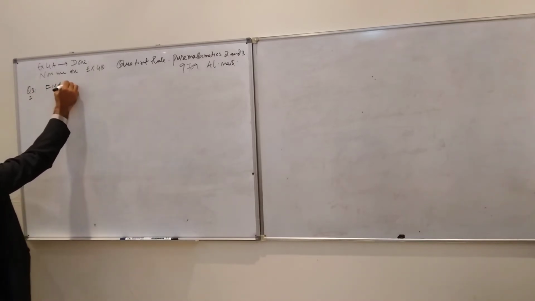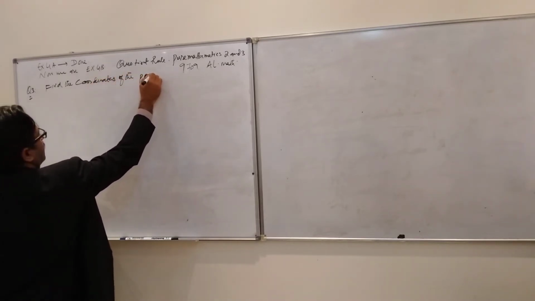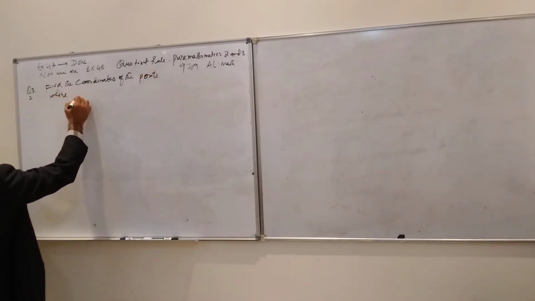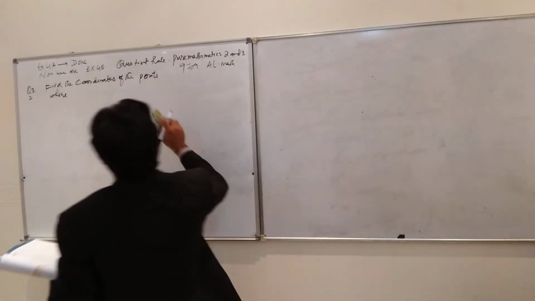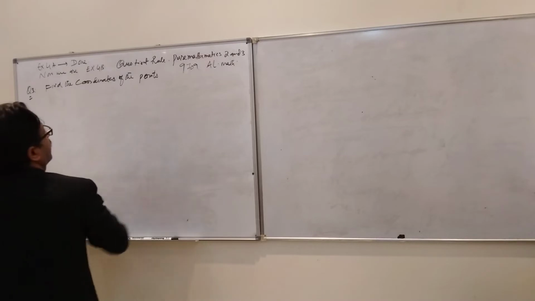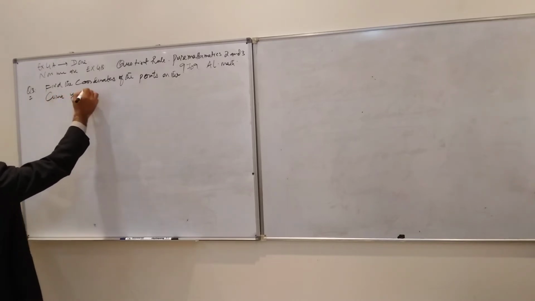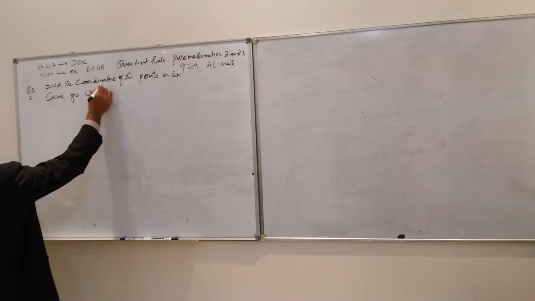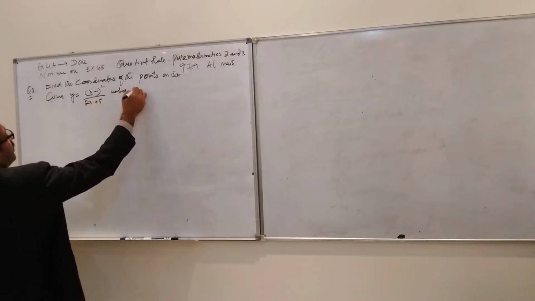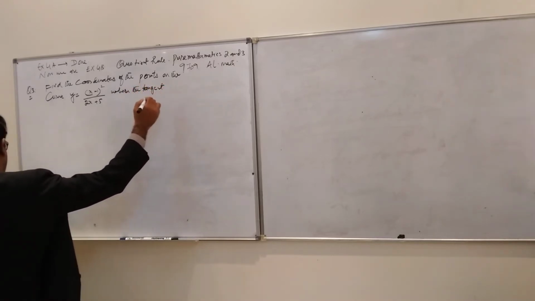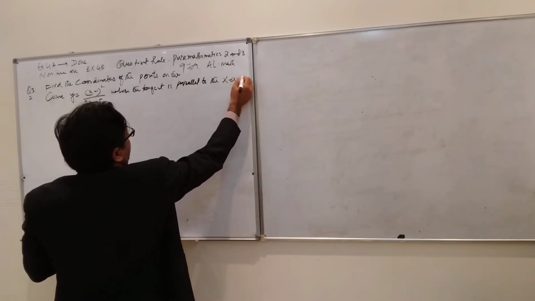Find the coordinates of the points on the curve y is equal to (x minus 1) power 2 over 2x plus 5, where the tangent is parallel to the x-axis.